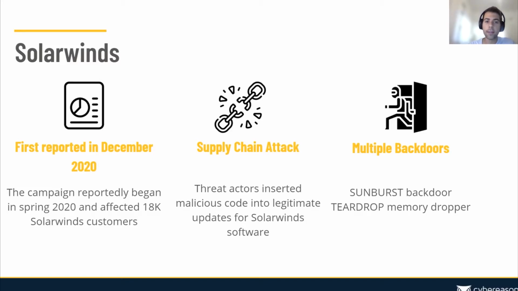In addition to that, the CIA reported on malware dubbed Teardrop, a memory-only dropper that decrypts and executes the Cobalt Strike framework. Overall, SolarWinds stated that 18,000 of its 33,000 Orion customers were affected by this intrusion.